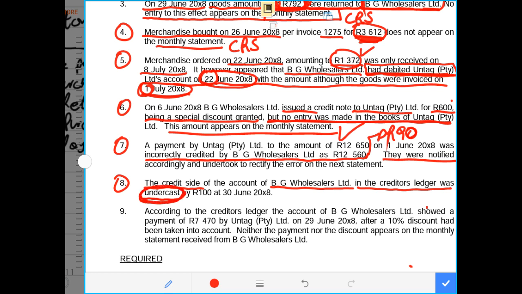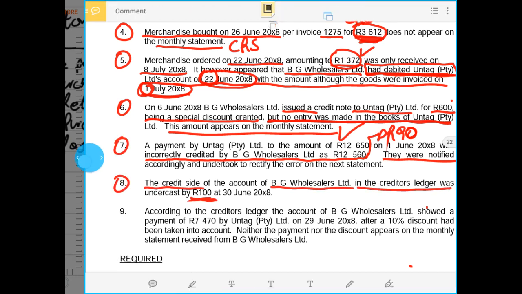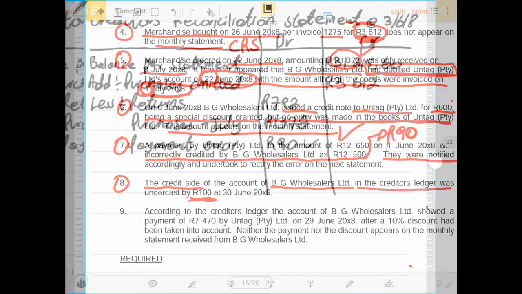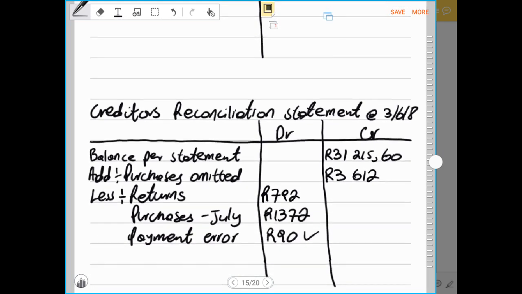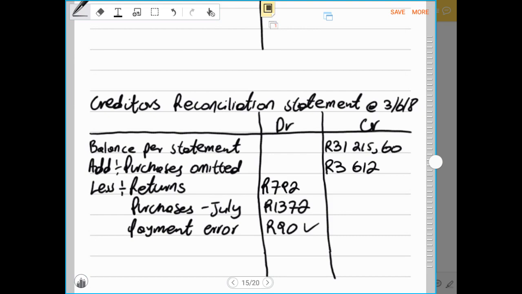When the side is undercasted or underestimated, you just increase that side by an amount of 100 rand. So now, in other words, we just go to the credit side and we increase the credit side by the 100 rand. We can just say error or undercasted by 100 rand. They are telling us that our credit side is underestimated. So now we're just increasing our credit side by the amount it was underestimated with. So now we have captured that part.